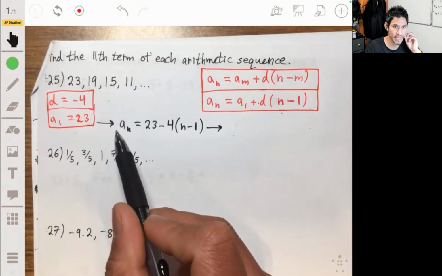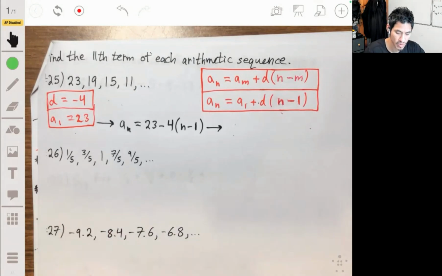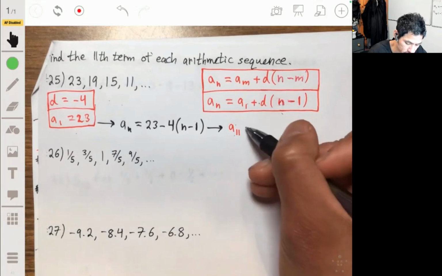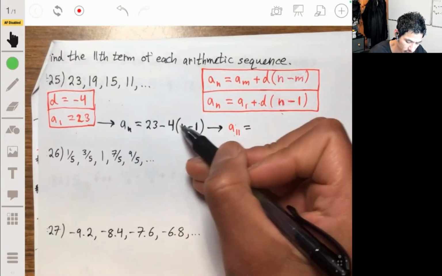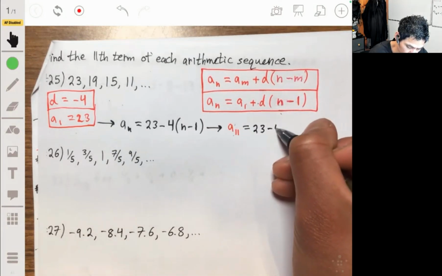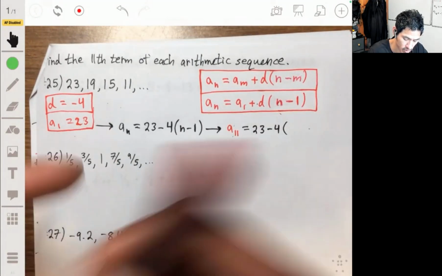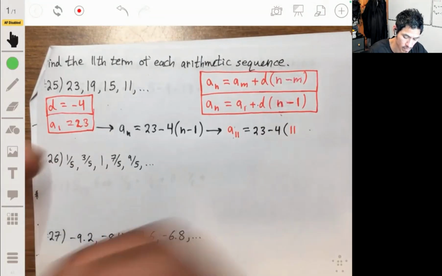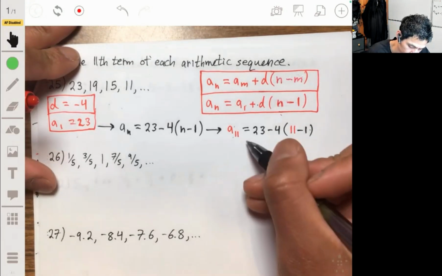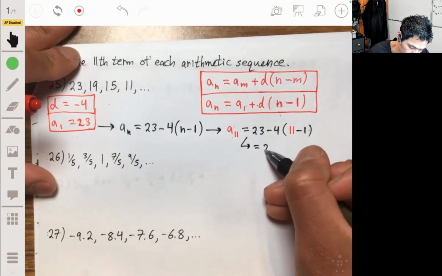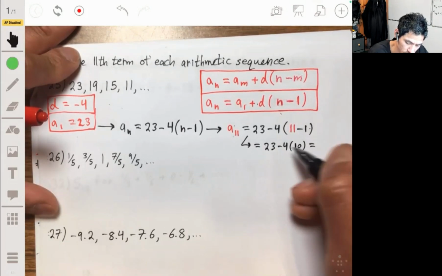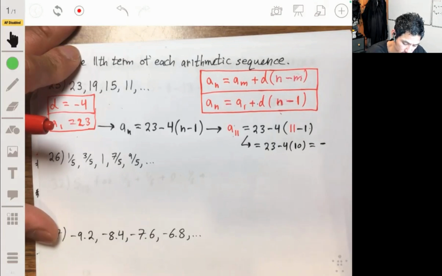Now, if we want to find a11, we just plug in 11 wherever you see the n. So a11 will be equal to 23 minus 4 times 11 minus 1. And we'll get 23 minus 4 times 10. So 23 minus 40, we'll get -17.